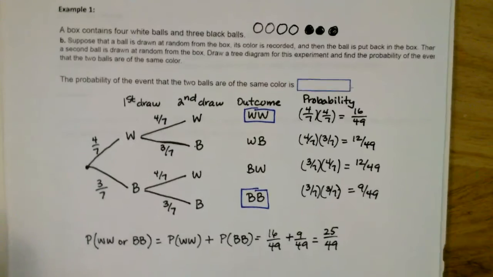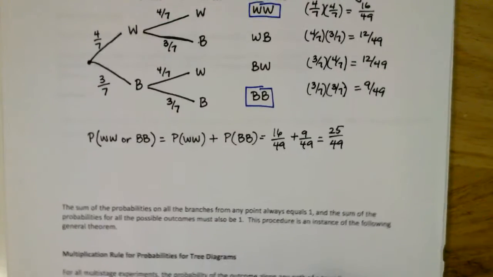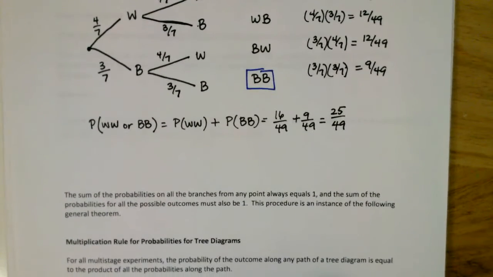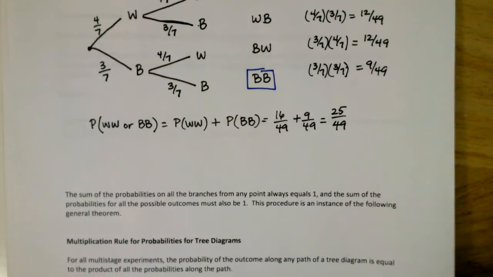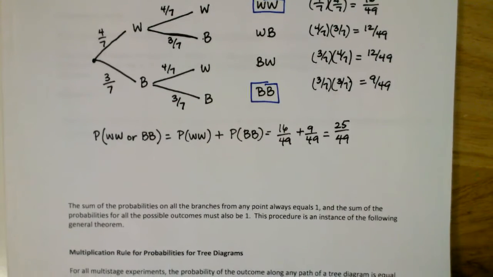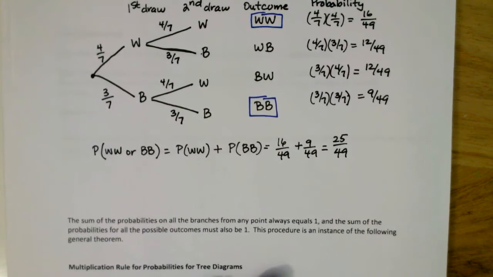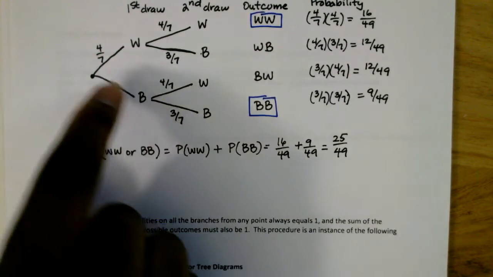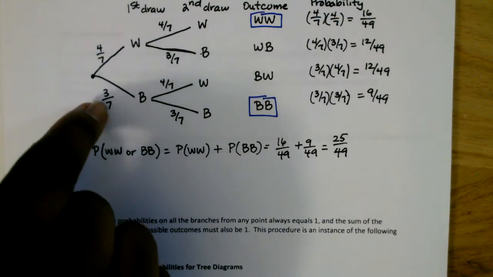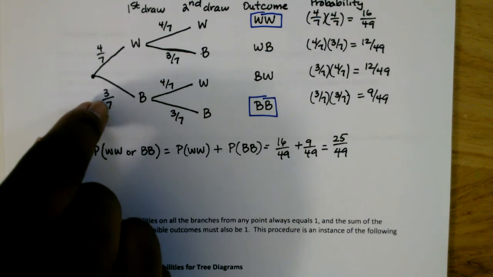All right, now let's talk about some things that are related to this tree diagram that I created. In this case, the sum of the probabilities on all the branches from any point will always equal 1. So these branches here, the sum of those probabilities will be 1.